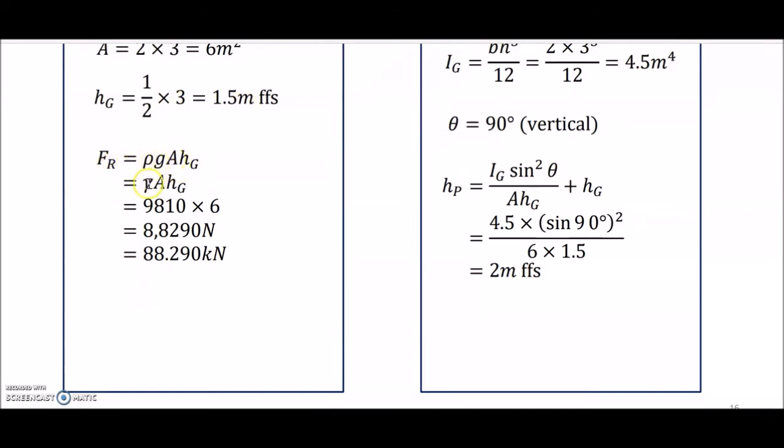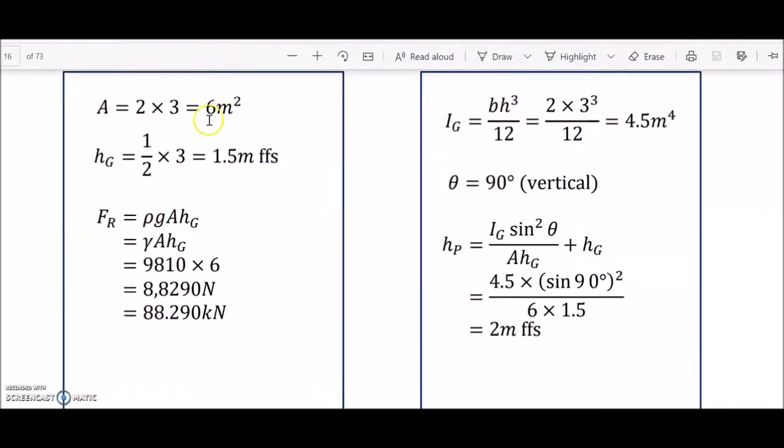So rho g is gamma, where rho is 1000 and gravity is 9.81. So we multiply 1000 times 9.81, which gives 9810, times 6, the area, and also times hg, which is 1.5.